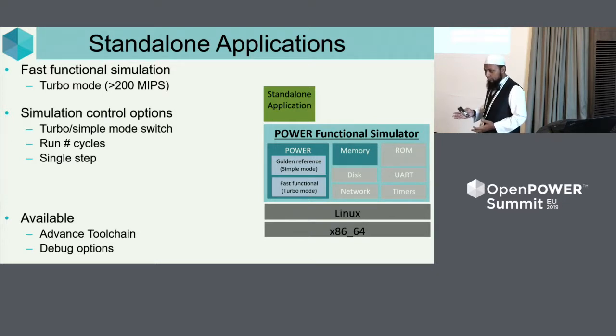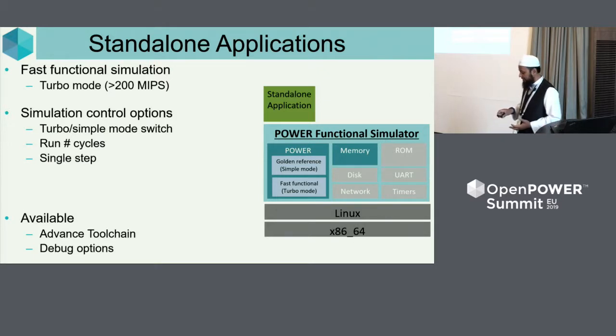More than 200 MIPS, 200 million instructions per second, can be executed in this fast functional mode that we call the turbo mode. Because now we are trying to execute the complete application, the application developers want the highest simulation speed, and that is provided by this turbo mode.